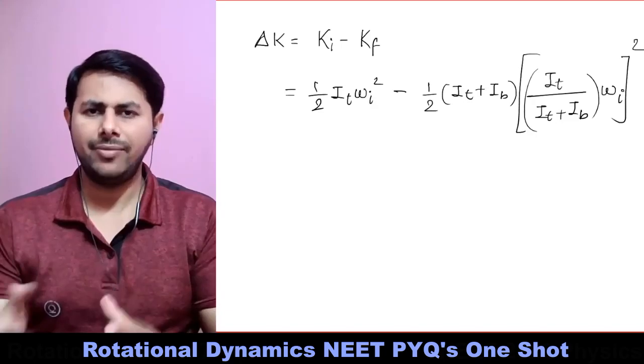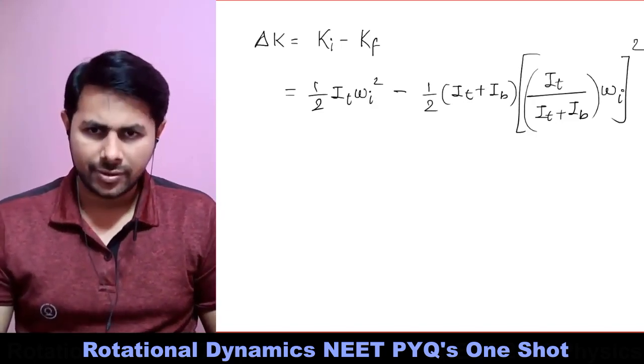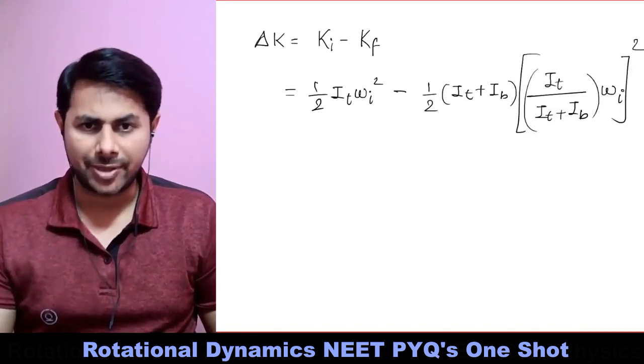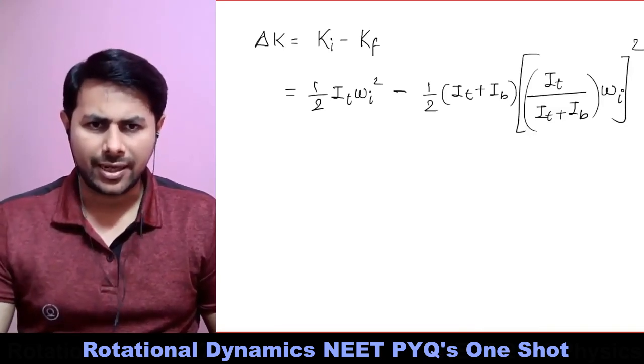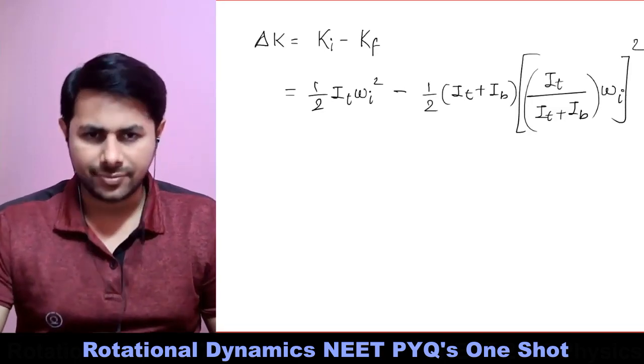Half of I omega squared is the kinetic energy.